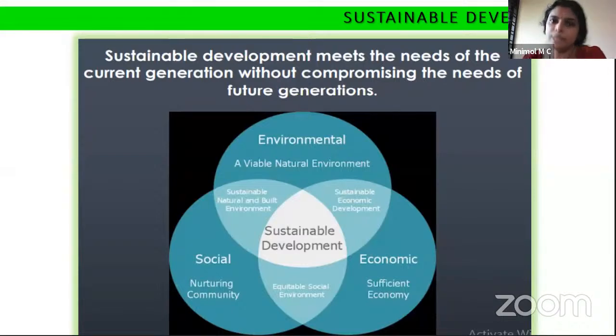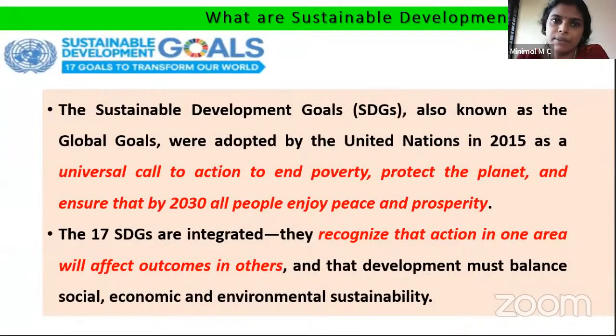The first one is the environmental context, the second one is the social context, and the third one is the economic context. When we look at all these three components of development, then only we can actually reach sustainable development.